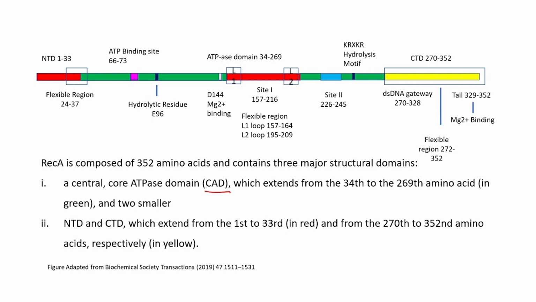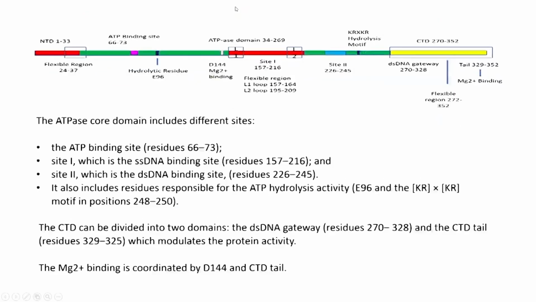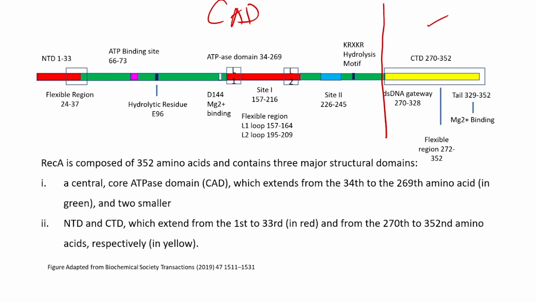Apart from this core ATPase domain, there are 2 other smaller domains, the N-terminal domain NTD and the C-terminal domain CTD. So, we can divide this into 3 parts, the CAD, the NTD and the CTD. The NTD and CTD extend from the 1st to 33rd residues and from the 270th to the 352nd amino acids respectively, and are shown here in the color red and yellow.